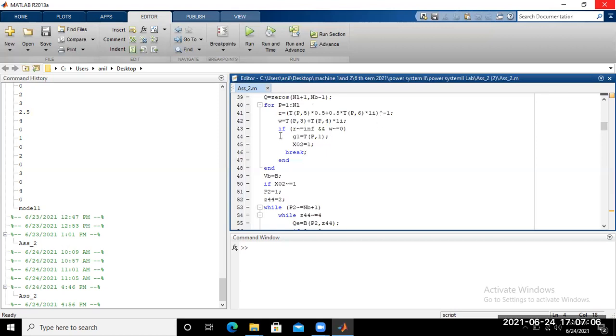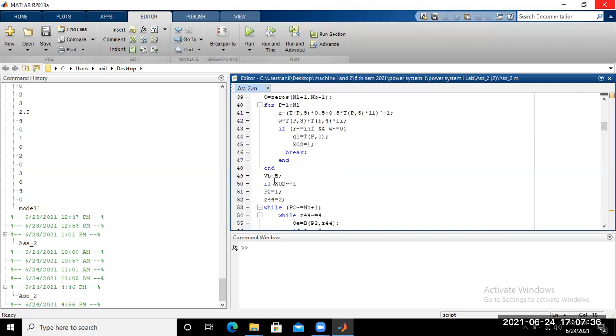Similarly, W equal to T P3 plus T P4 into 1I. If R equal to INF and W equal to 0, then G1 equal to T into P comma 1 and X02 equal to 1. Otherwise break here, next is int, and close the for loop by int.